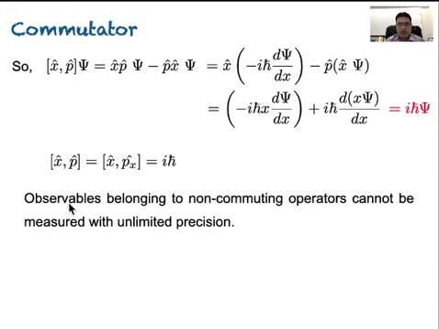Okay, so observables belonging to non-commuting operators cannot be measured with unlimited precision. This is the quantum mechanical statement: those operators which are not commuting with each other, you can see that the commutator is a non-zero value here, so we can say that X is not commuting with P. Under these circumstances, the observables associated with these operators cannot be measured with unlimited precision.